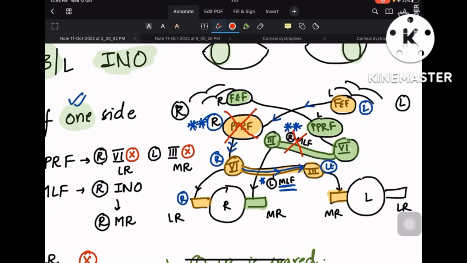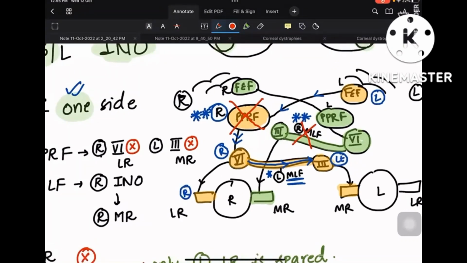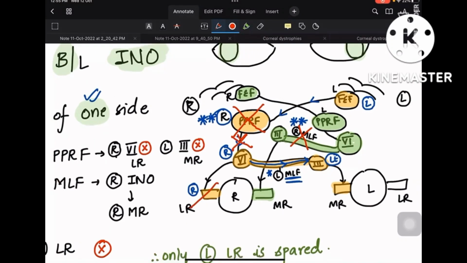So if the right PPRF is gone, the impulses to this sixth nucleus are gone. So the LR function is gone. Since the sixth nucleus impulse is gone, it cannot send the impulses towards the left-sided third nucleus. So this function is also gone. So right LR function is gone and left MR function is gone.